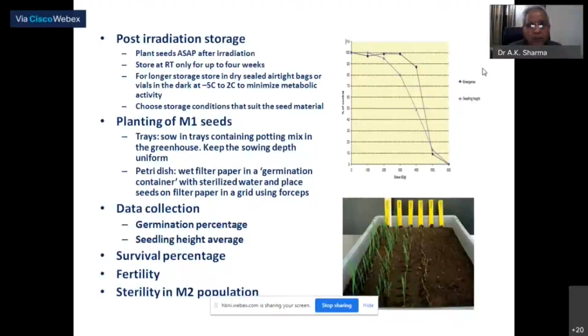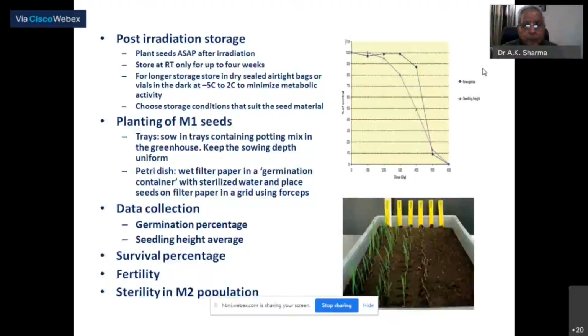Because many times after irradiation, seeds are taken back to the breeding place, or material comes from universities and gets irradiated. So one has to take into account this period, that no longer than 4 weeks should pass before you start doing experiments with it.